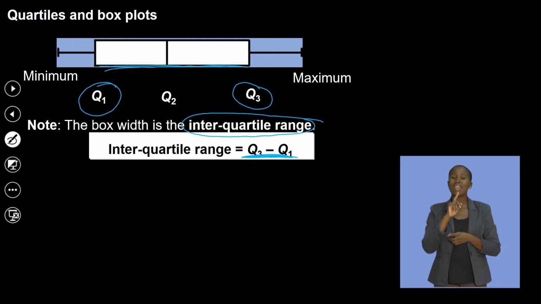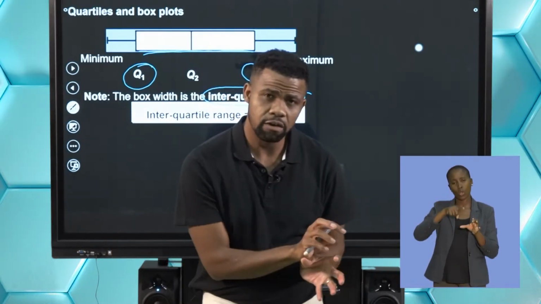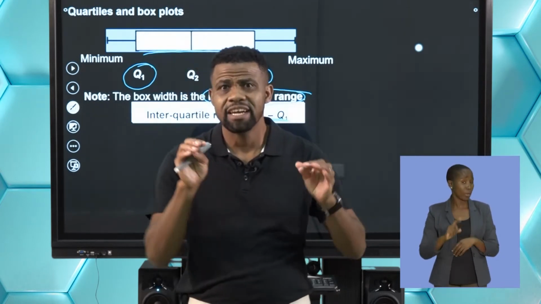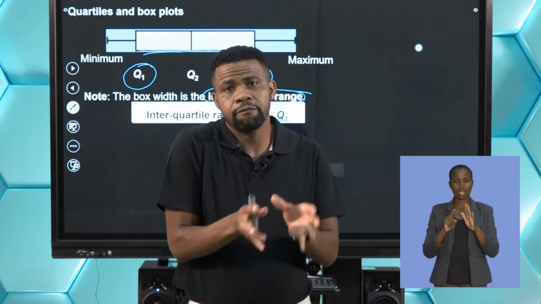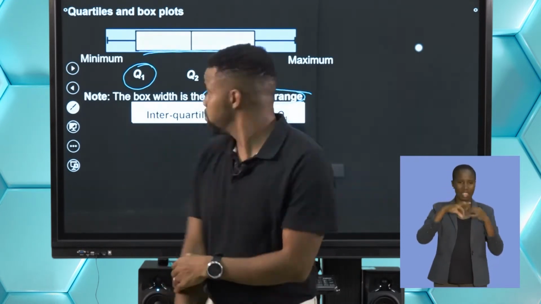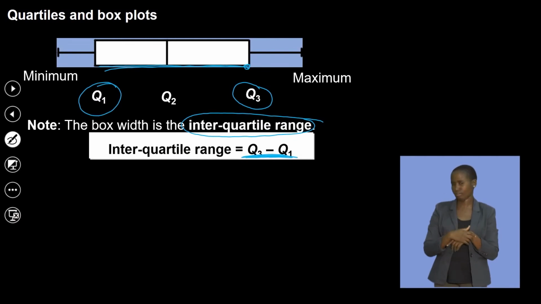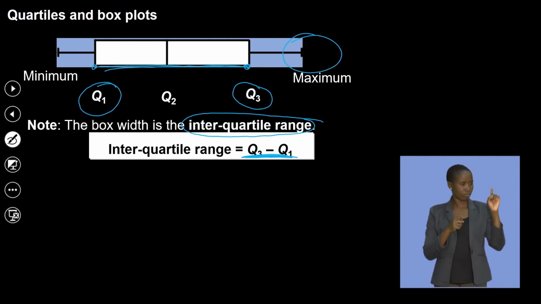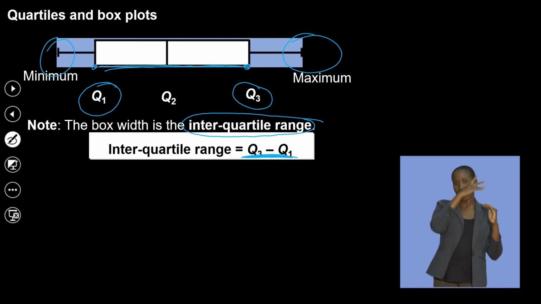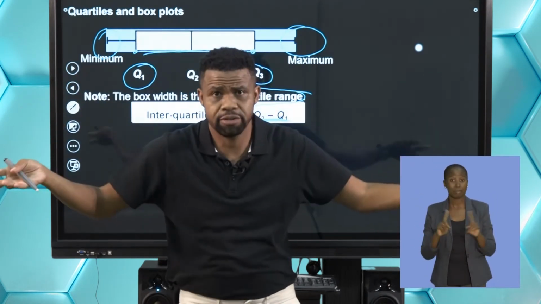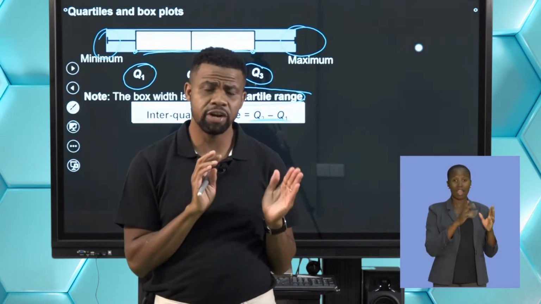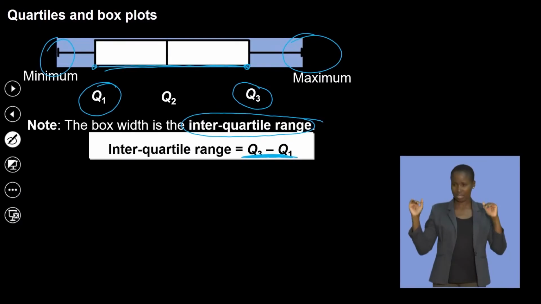The nice thing about the interquartile range is that extreme values do not affect it, because it does not use the minimum and the maximum value. If I find the range using maximum and minimum, what if they are extreme values? But with the interquartile range, you might not find the extreme value.